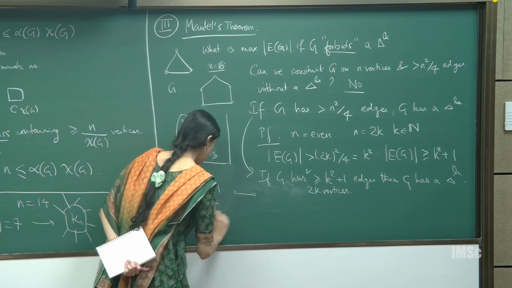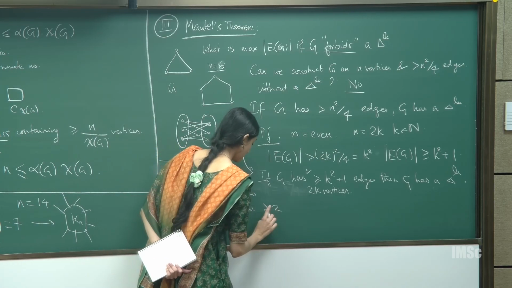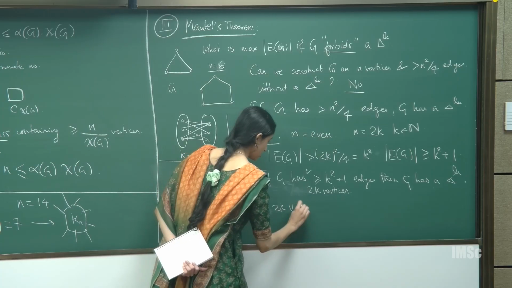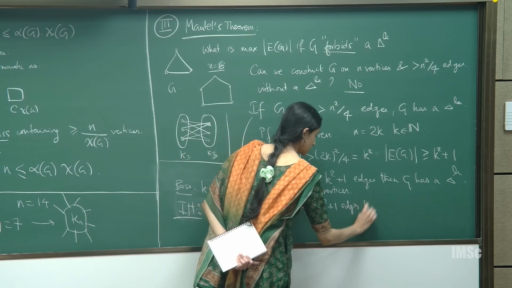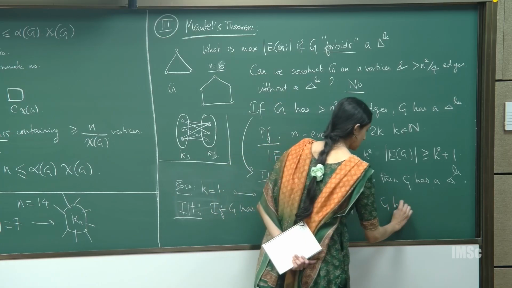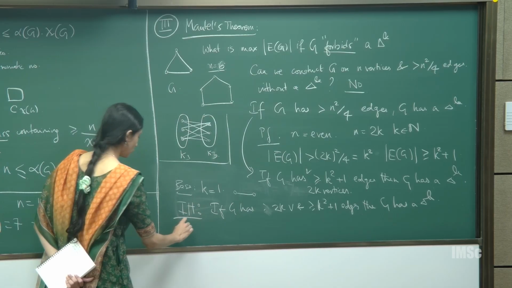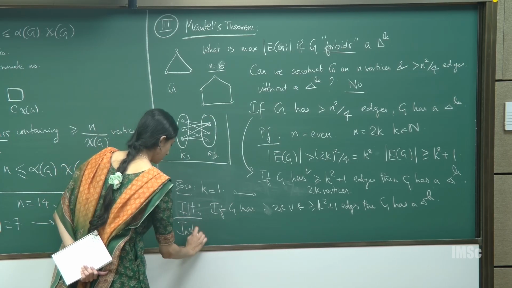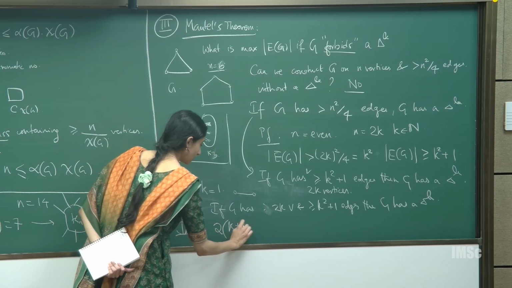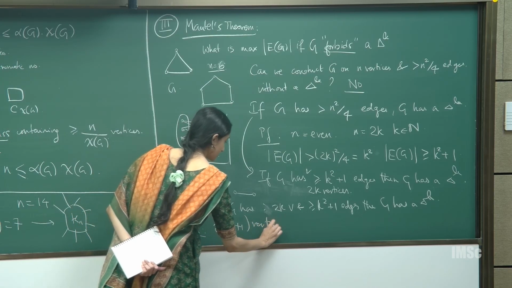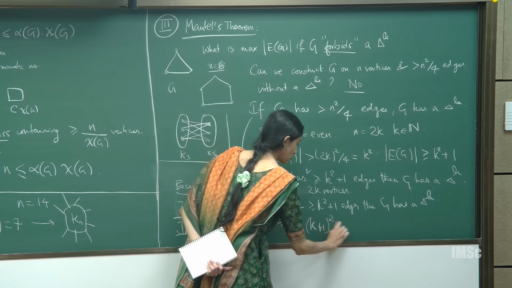So if G has 2k vertices and at least k square plus 1 edges, then G has a triangle. Now we need to show induction. So for induction, you have to work with a graph that has 2 times k plus 1 many vertices, and at least k plus 1 the whole square plus 1 many edges.